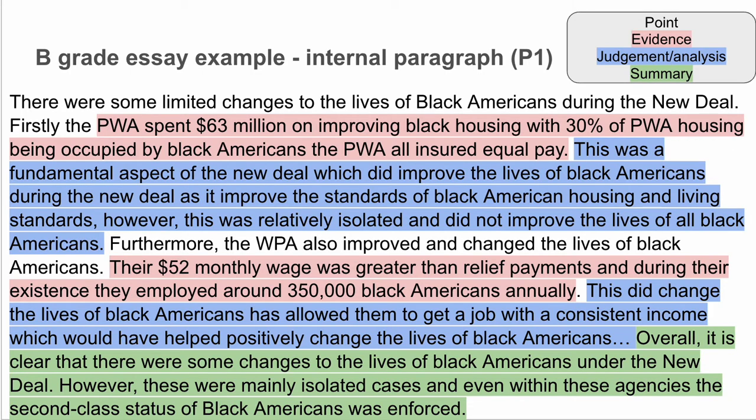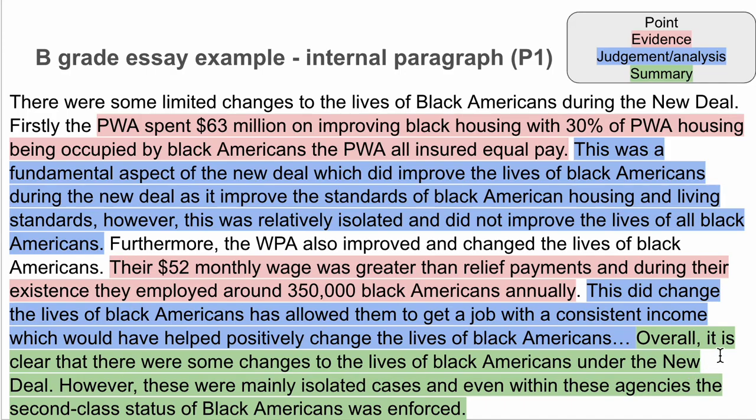And you can see that it's got some precise evidence. The PWA, $63 million, 30% of PWA housing being occupied by Black Americans. This was a fundamental aspect of the New Deal, which did improve the lives of Black Americans during the New Deal. So we're getting good analysis. Again, we get the evidence here about the monthly wage. This did change the lives of Black Americans.